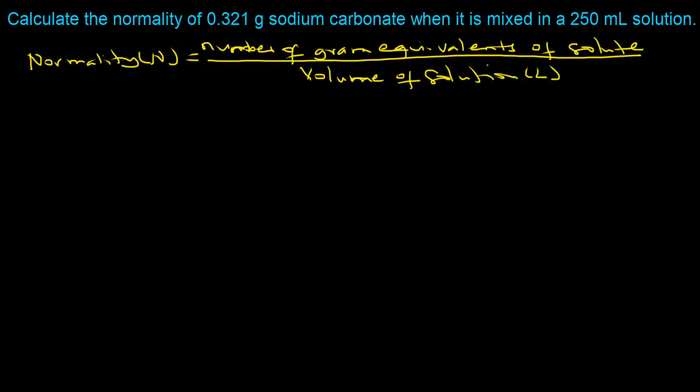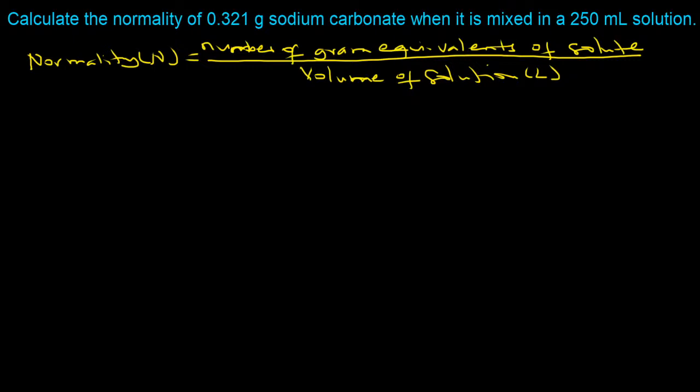All right, the number of gram equivalents of solute per liter of solution. So the question that immediately comes to mind is, how do you actually find the number of gram equivalents of solute?